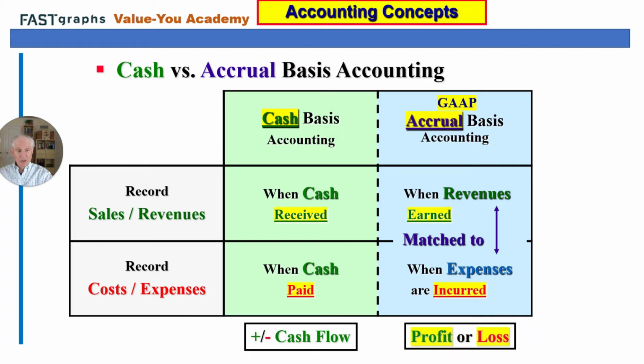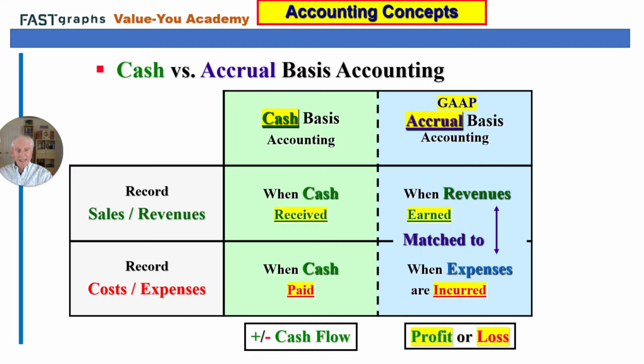And the difference here is profit or loss. Now, I like to say profit is like food. You need some food to live on, but you can go for a while without food. Cash is king. You got to have cash to pay your bills and stay in business. But really, accrual only looks at profit or loss, not cash flow.